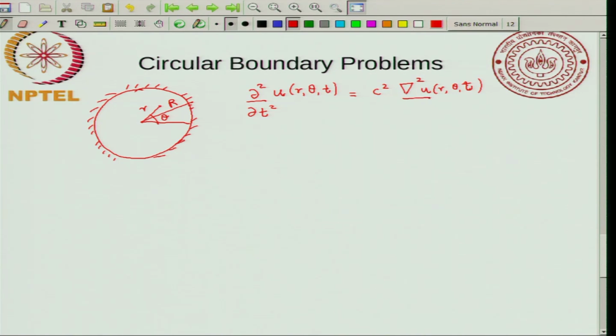Now the point is, what does this gradient look like in polar coordinates? The gradient square is d square by dx square plus d square by dy square. So I'll write this in a slightly different form, taking the c on this side: d square by dt square of u of r, theta, t is equal to the Laplacian in plane polar coordinates.